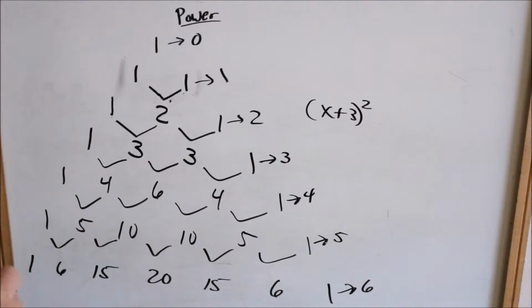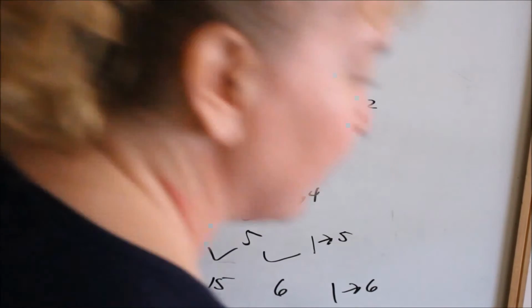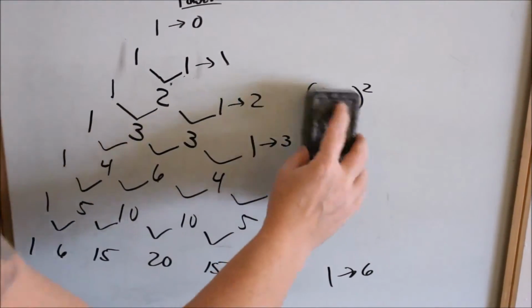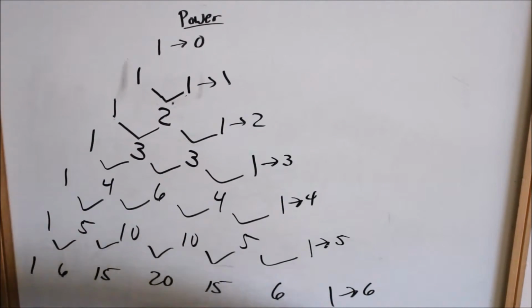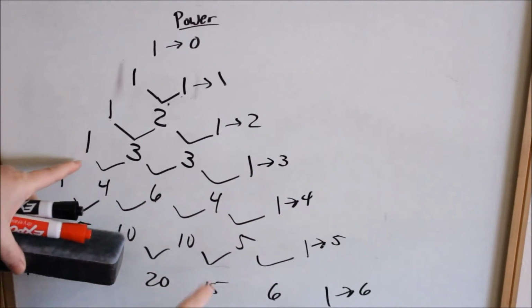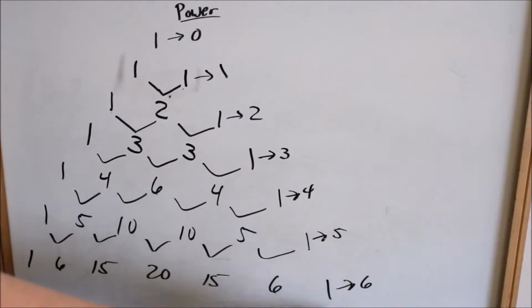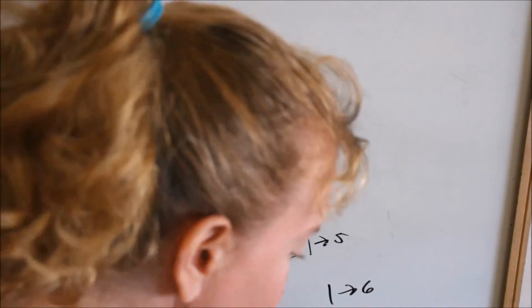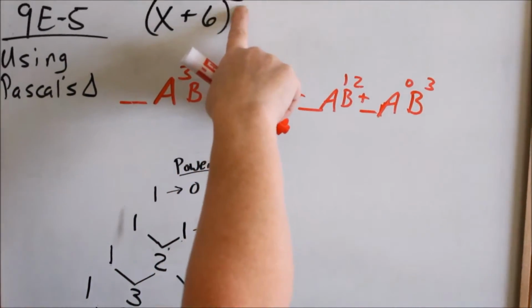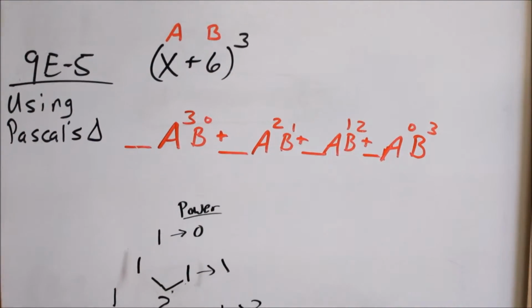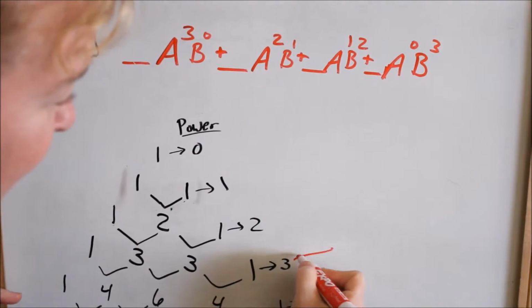Okay, so now we're going to use this triangle, Pascal's triangle. It is called Pascal's triangle because it is shaped like a triangle. Okay, you always start with the 1 and end with the 1, and you're just getting bigger as you go down. So if I'm raising to the power of 3, then I come down here and I look at 3.